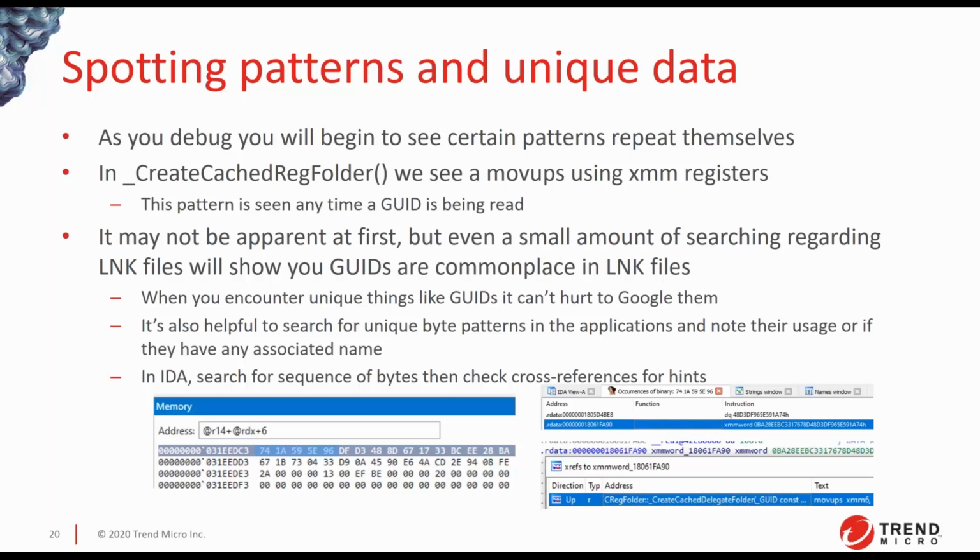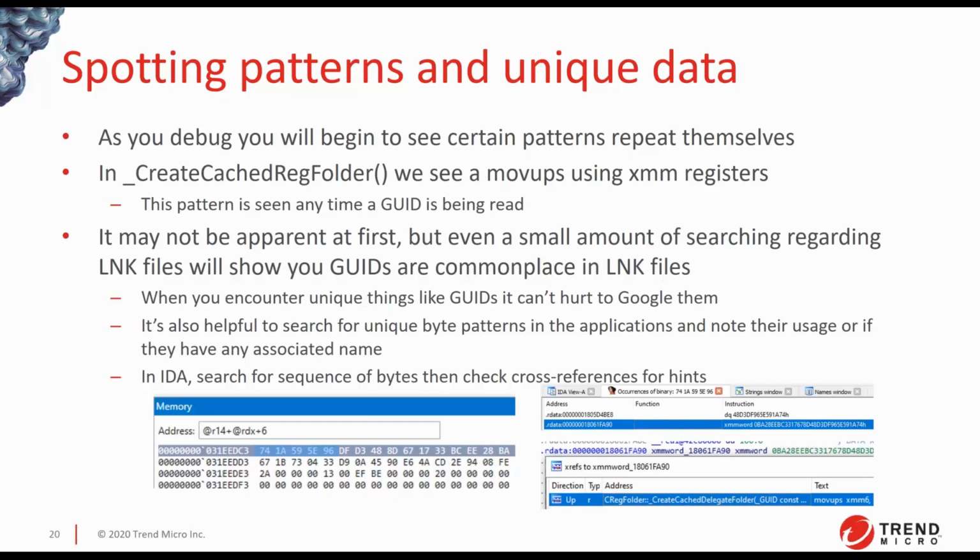So when you encounter unique things, like really unique strings of bytes or interesting instructions, it really can't hurt to Google them. Even Google the actual bytes. It is also helpful to search for unique byte patterns in the applications and note their usage or if they have any associated name. So in this particular case, we found a cross-reference to a function called create cache delegate folder. On the left there, we had 5 bytes of our GUID.